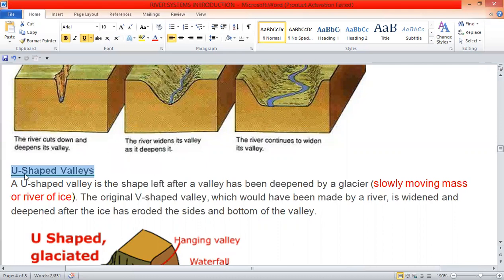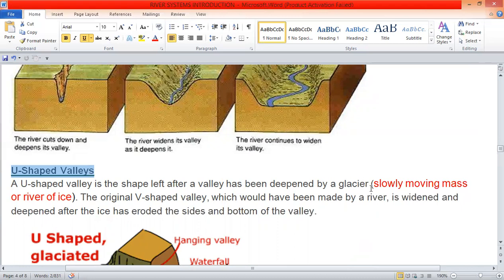U-shaped, it is when the V has been opened wide by the erosion, as the river erodes the sides here, the banks. So a U-shaped valley is the shape left after a valley has been deepened by a glacier.